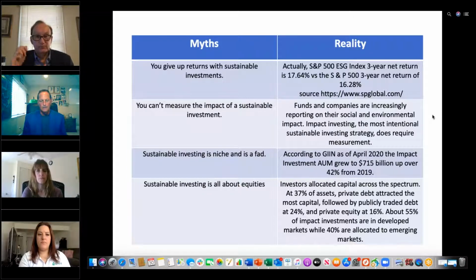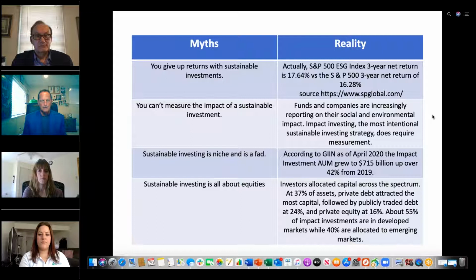And then thirdly, the myth that sustainable investing is a niche, a fad. Well, I don't believe that, and neither does GIIN, the Global Impact Investing Network. Why is so much money going into it if it's a fad? People don't just put money into a fad and think that it's going to go away over time.